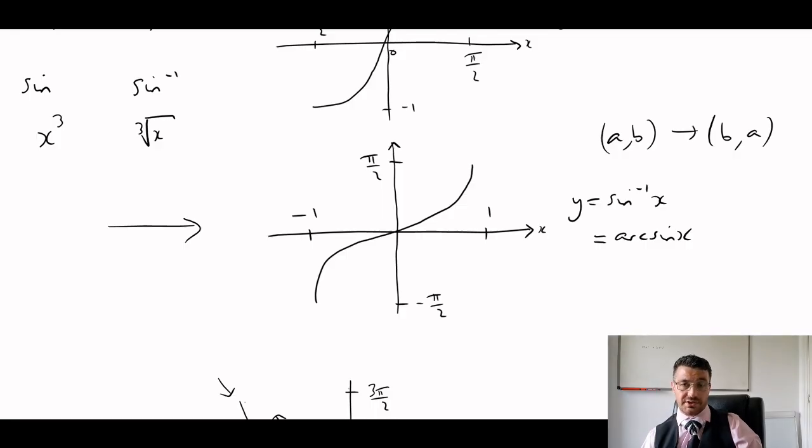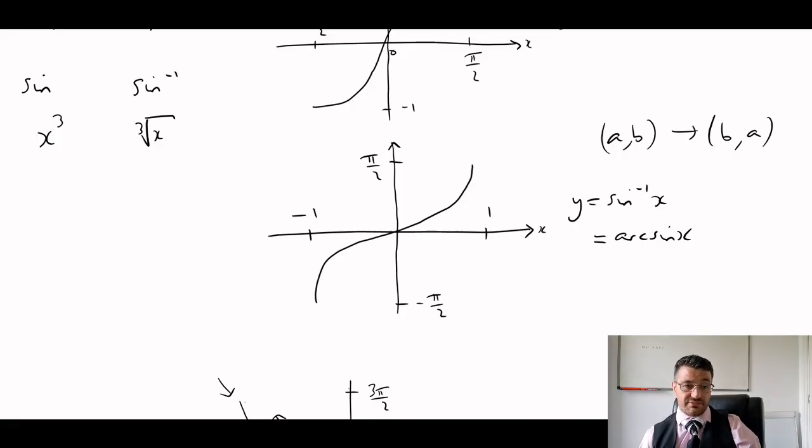So we've got an infinite number of possible inverses. It's just that this one, where the restriction is from minus pi by 2 to pi by 2, is the most common. Sometimes it might be referred to as the principal branch or the principal inverse of sine. You might come across something like that.